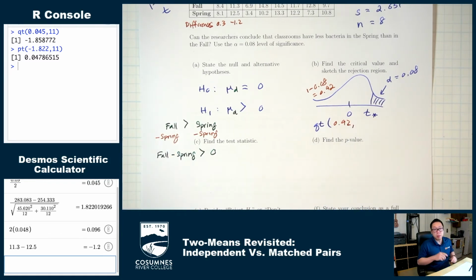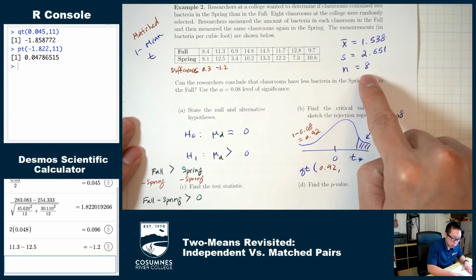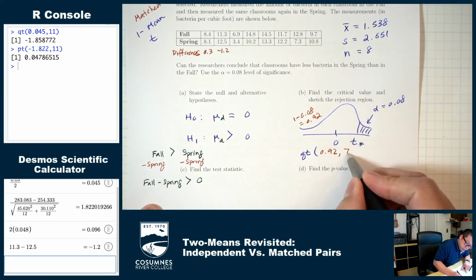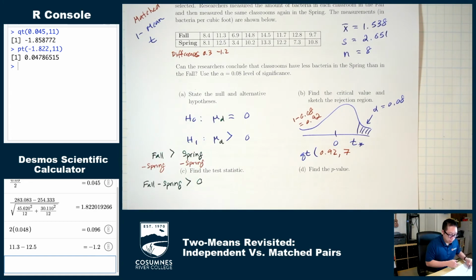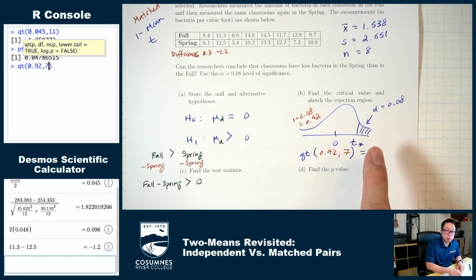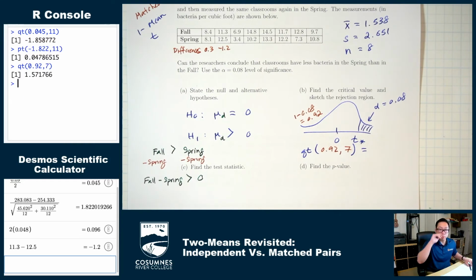qt has a df. Degrees of freedom is 1 less than the sample size. Our sample size here we said was 8. So 1 less would be 7. And then we'll do a qt(0.92, 7). Now, based on my picture, because it's shaded to the right, I do expect a positive T. And I do get a positive T, 1.572.